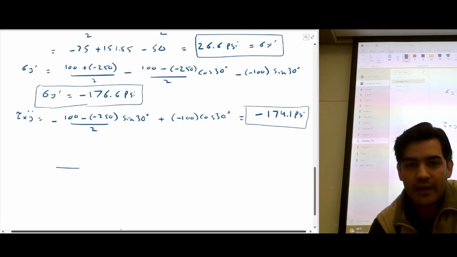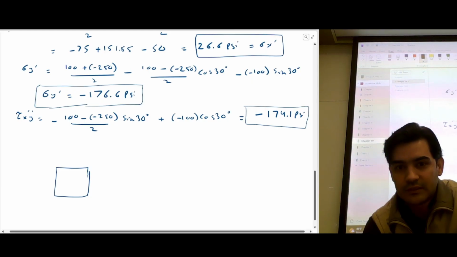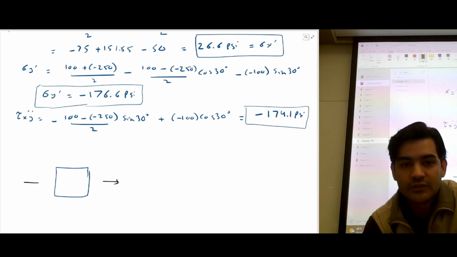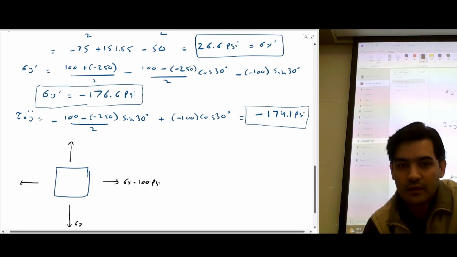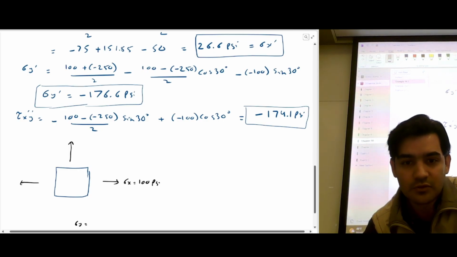Originally this is what we had. Originally we had stress x equal to 100 psi, and we had stress y as 250 psi, but it was negative, right? So I'm going to put the compressive sign.